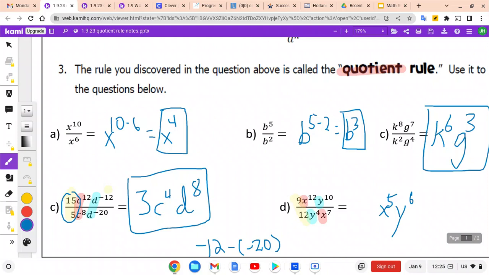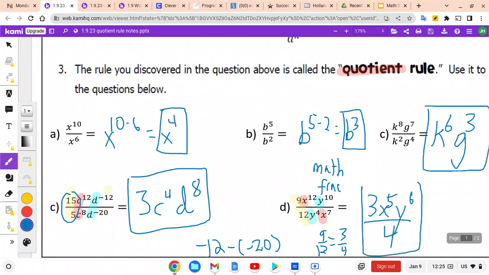If you hit math and choose frac, it will convert into a fraction. So 9 over 12 equals 3/4. So 3 goes on top, 4 goes on bottom, like so.